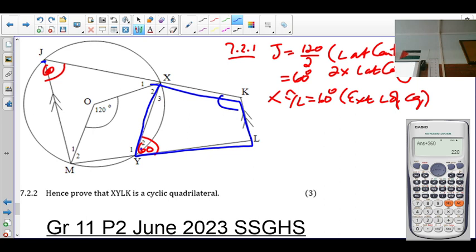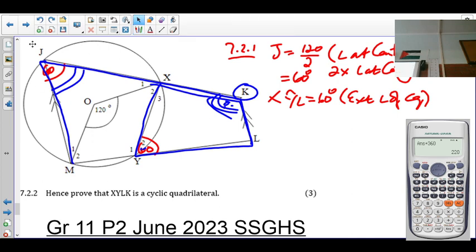Because 60 plus 120 gives you 180. But we know that this is parallel. So what do we notice here? That K is 120. Why? Because co-interior angles are supplementary. Easy, not so? It's easy now, you say, but not in the exam.